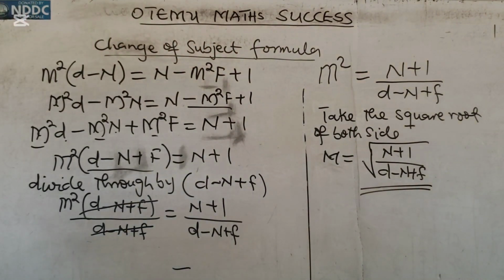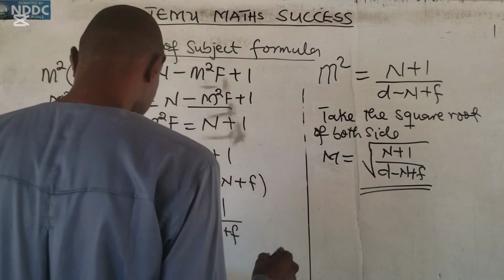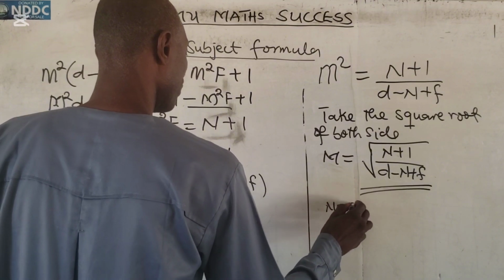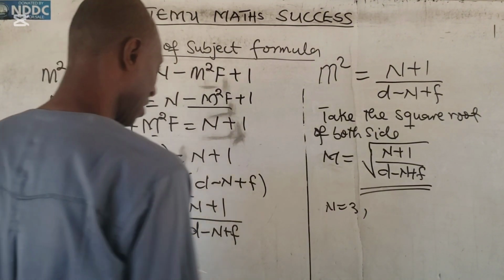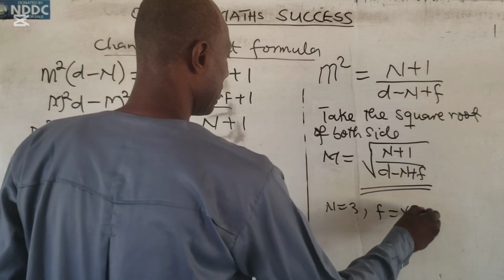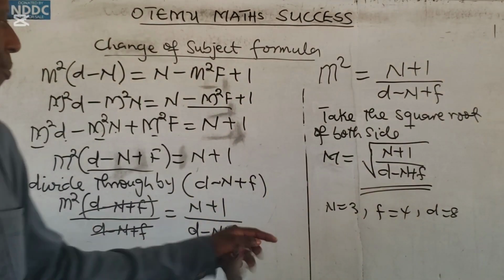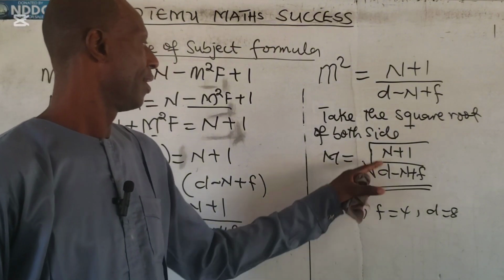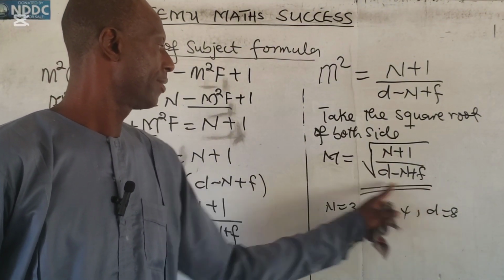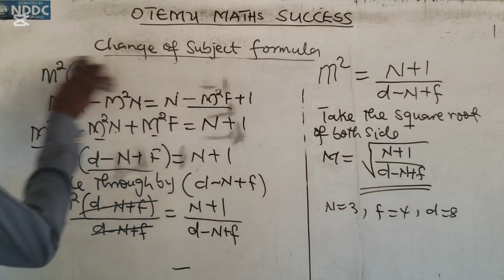Now, in the question, we're given that N is equal to 3. We are given that F is equals to 4. And we are given that D is equals to 8. So I will substitute this value 3 in N, 4 in F, 8 in D. This is now the new formula.